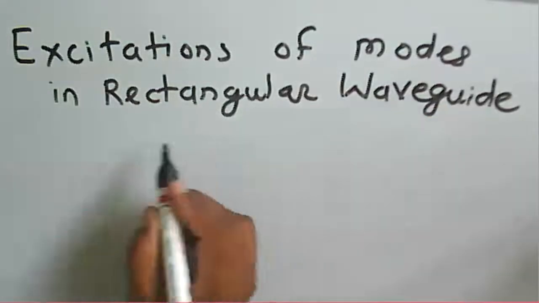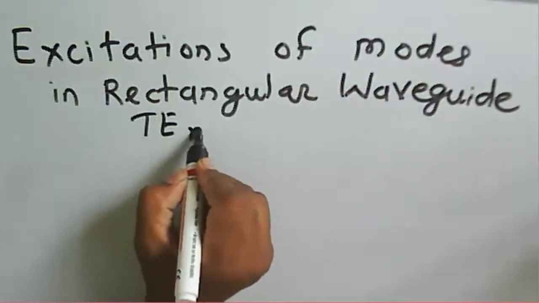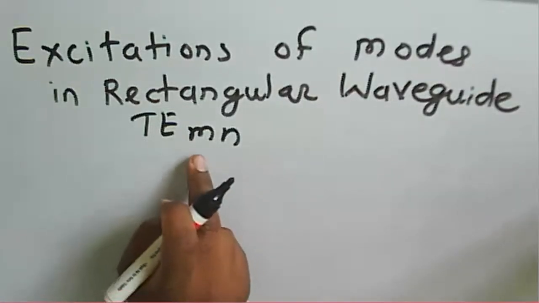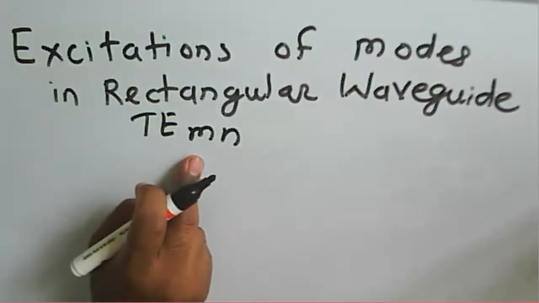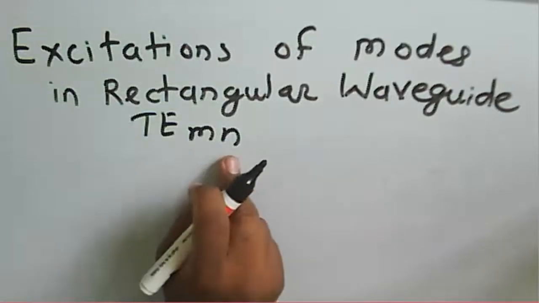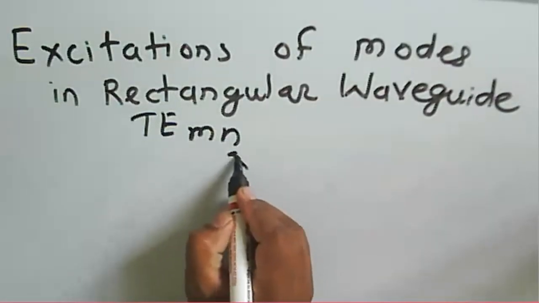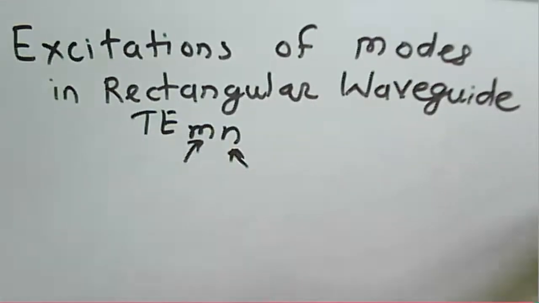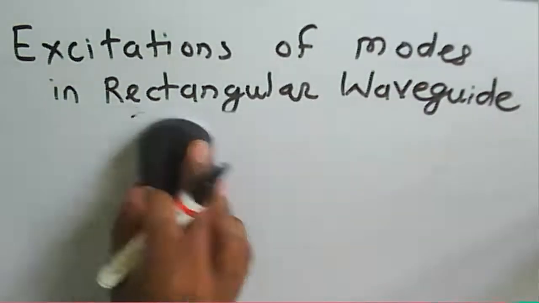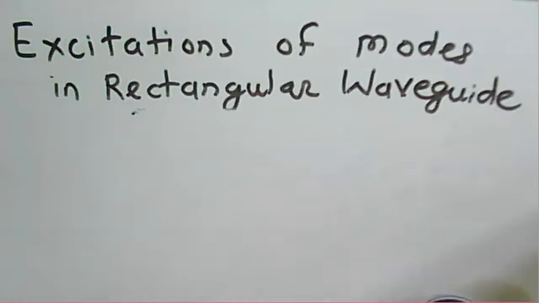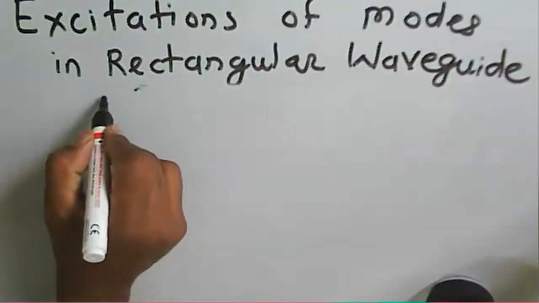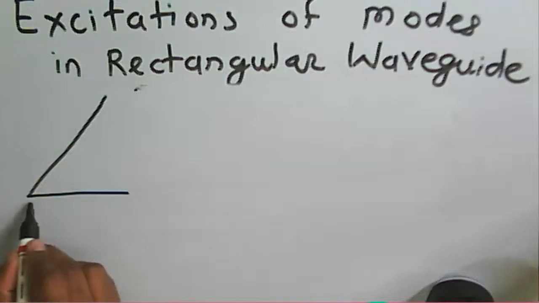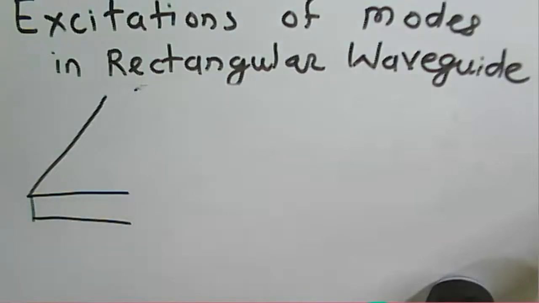And as we say TE mode, we say M and N. M is nothing but how many half cycle variations along A, and N is how many half cycle variations along B. They are the two different M and N. So based on that, these are the different ways of the excitation modes in a rectangular guide.